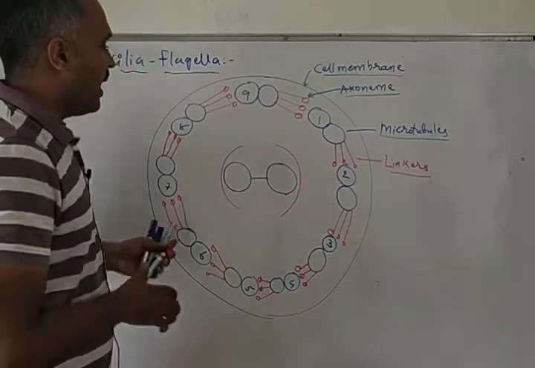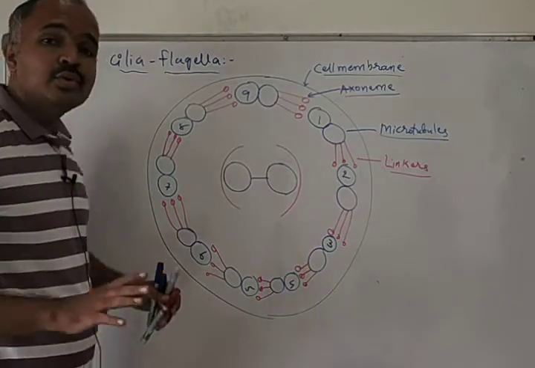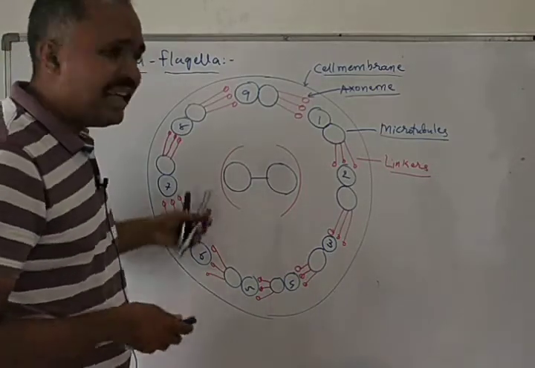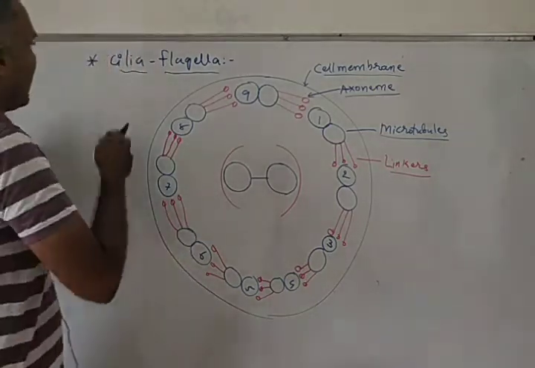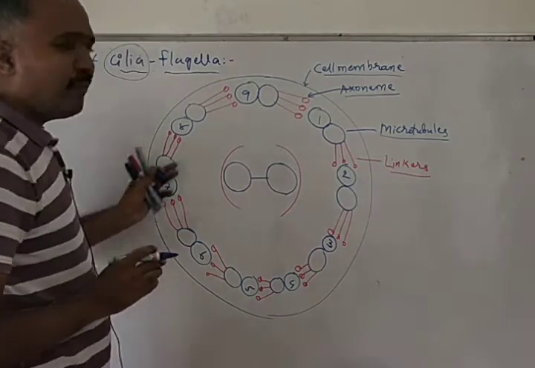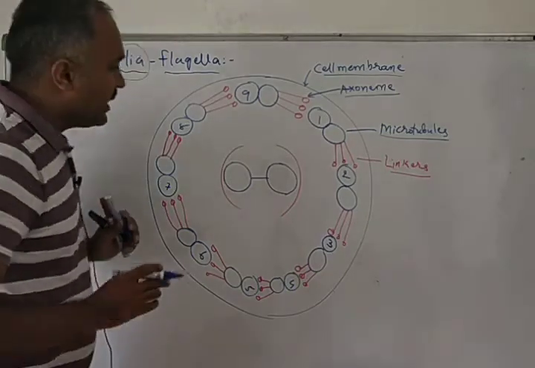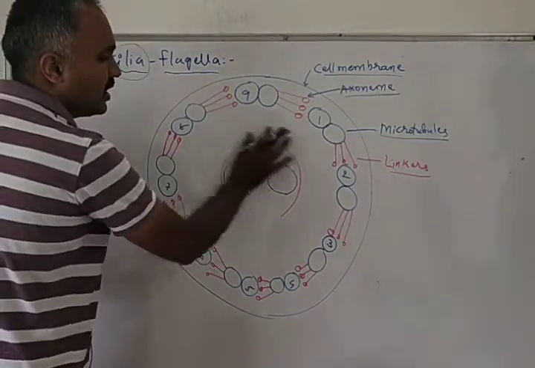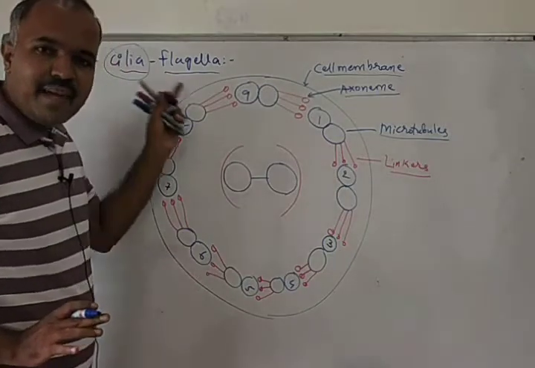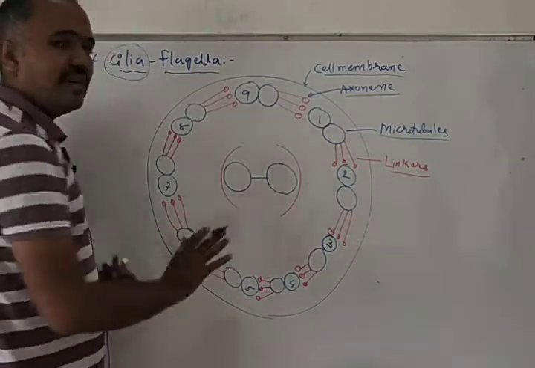Okay, and if this cilia and flagella belong to a prokaryotic cell, generally cilia is not found in a prokaryotic cell. But for example, if the flagella belongs to a prokaryotic cell, then the central part will be empty.